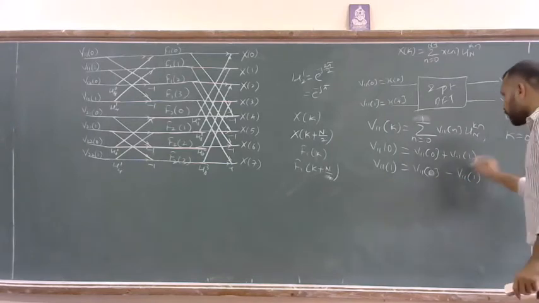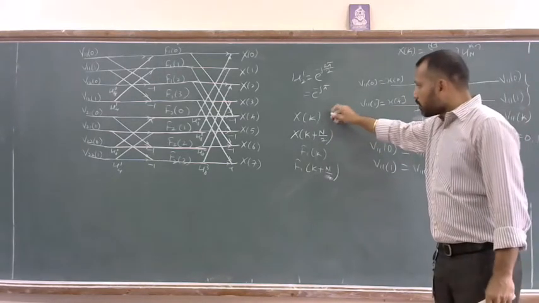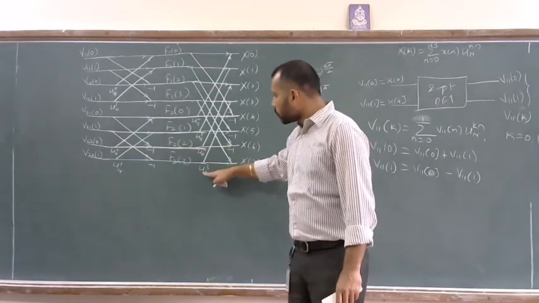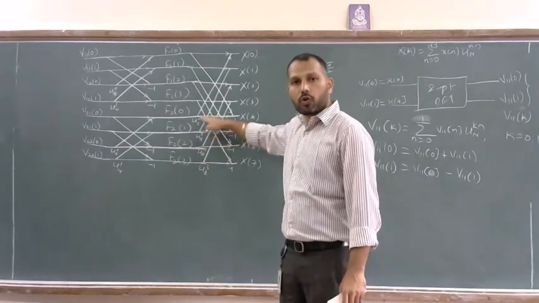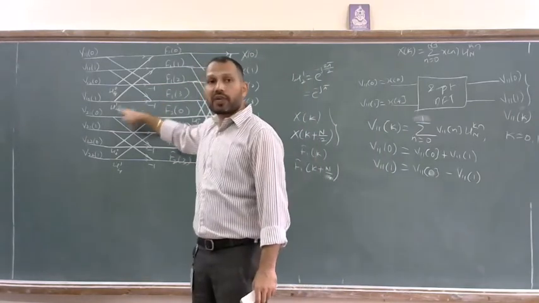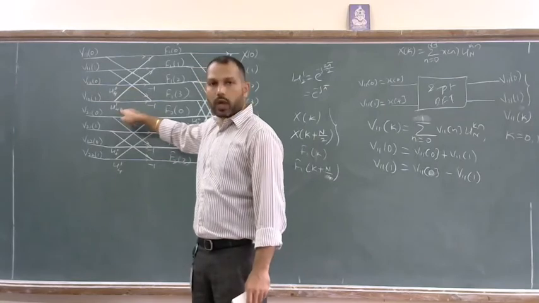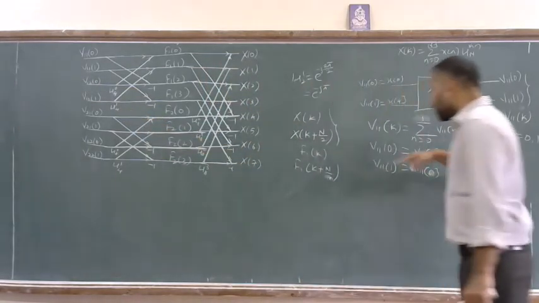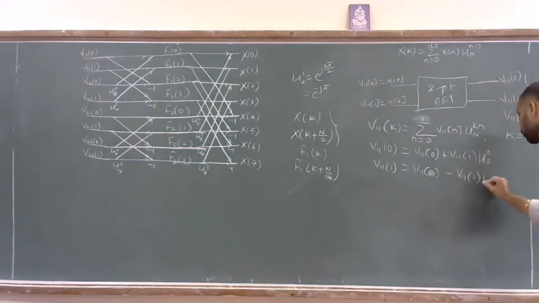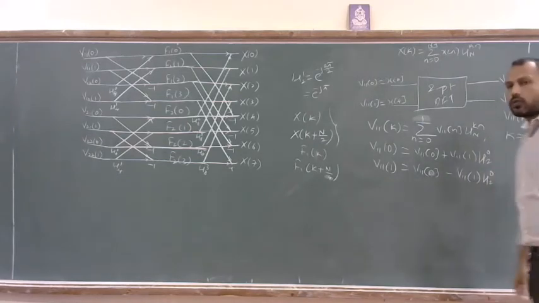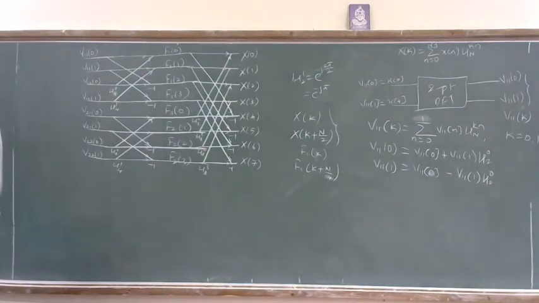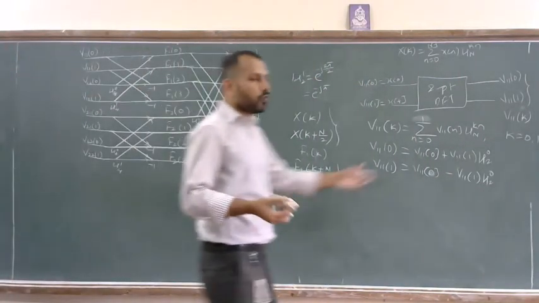Now to include that twiddle factor: to obtain the 8-point DFT, we used 8-point twiddle factor values from 0 to 3. To obtain 4-point DFTs, we used 4-point twiddle factor values 0 and 1. Likewise, to obtain the 2-point DFT, we'll have to use W2 to the power 0. What is the value of W2 to the power 0? It will be 1 itself.